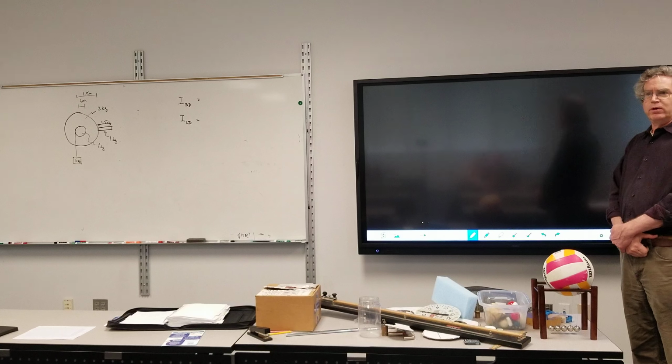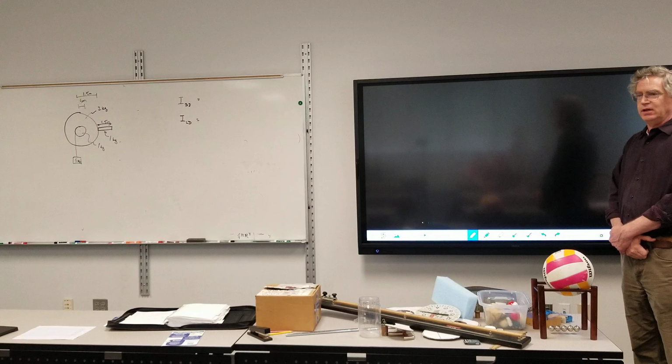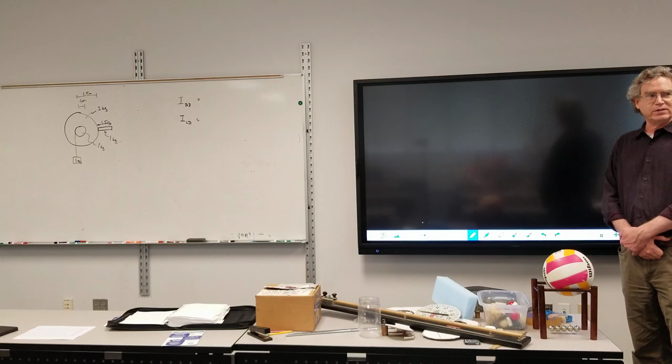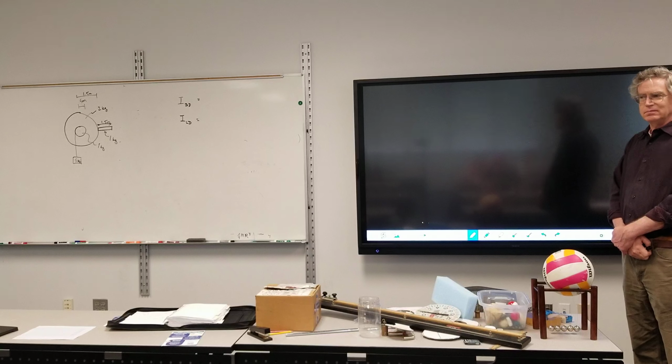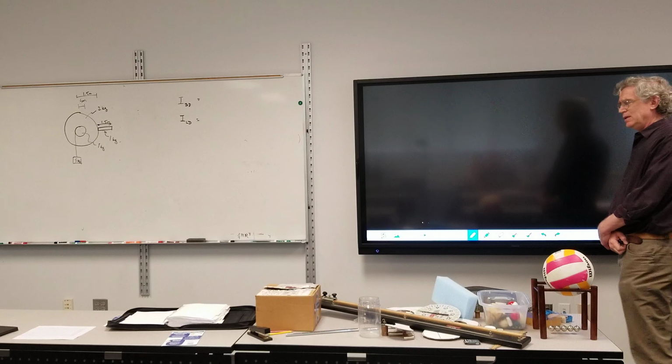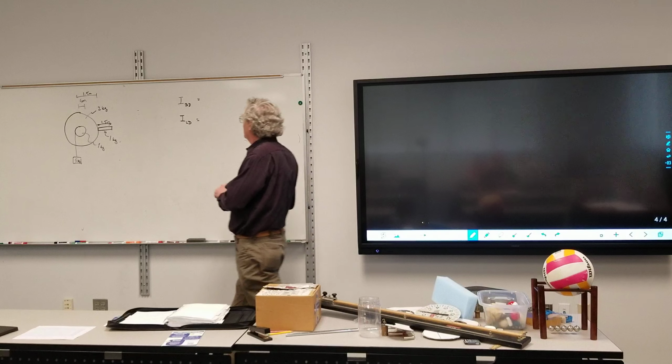So the question on the floor is, what is the formula for the moment of inertia of a disc rotating about its center? We did a disc on Monday. 1/2 mr squared. Yes.